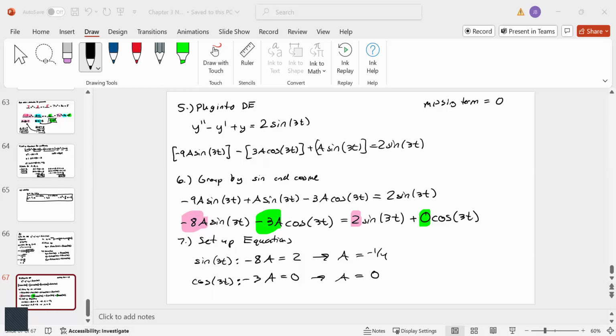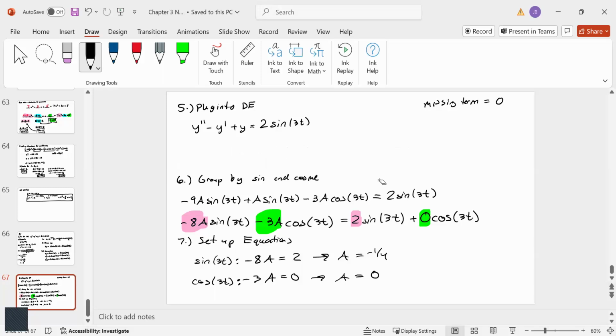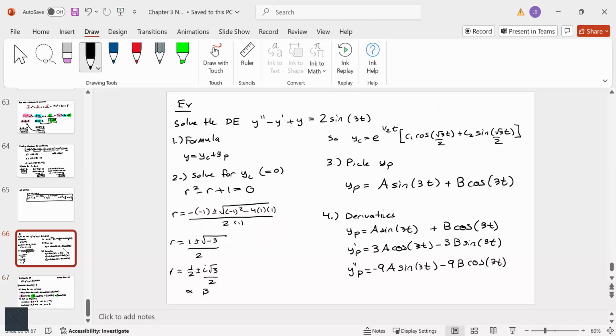So we're going to erase this. And what it ends up becoming is negative 9a sine 3t minus 9b cosine 3t. So that's y double prime. And then minus, right? And what we end up getting is the 3 and negative 3b.